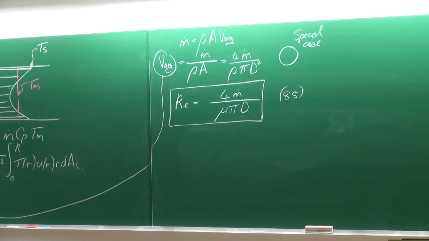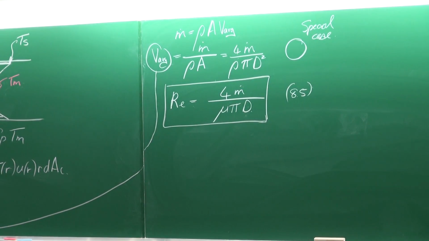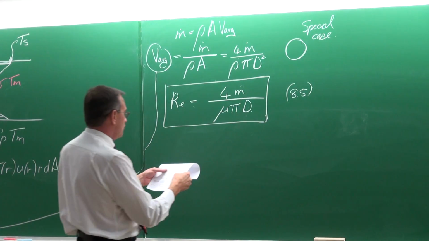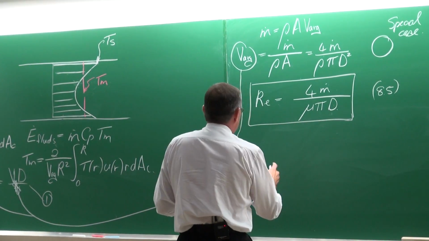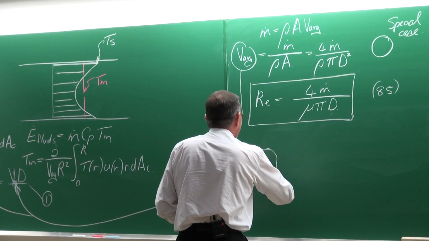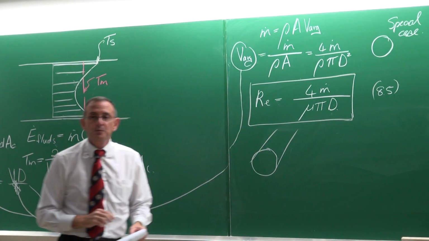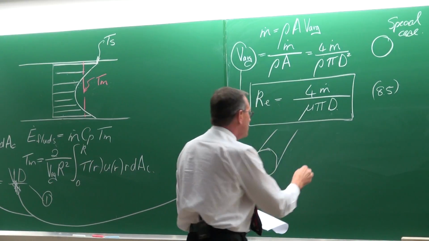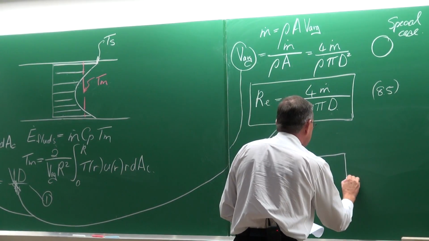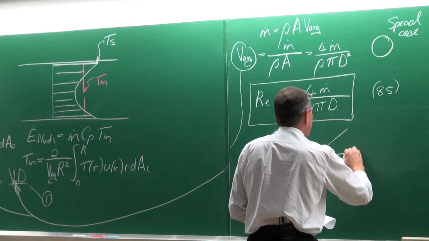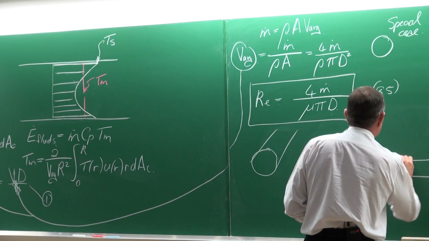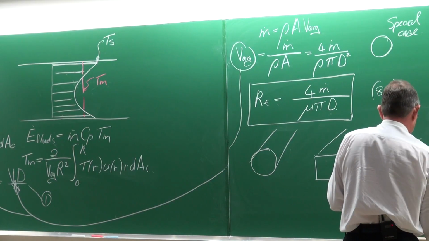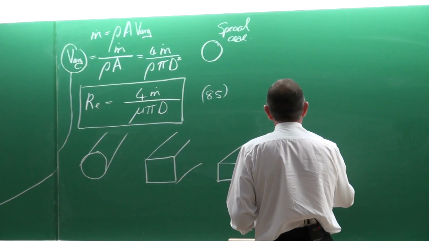Right, coming back to the different geometries. The different geometries that we normally get with internal convection problems can be a smooth tube, a square duct, a rectangular duct, or a channel.